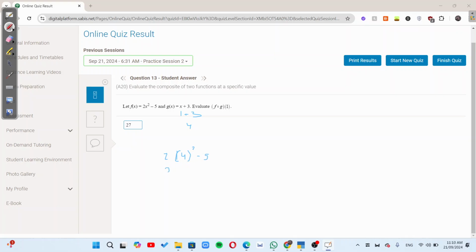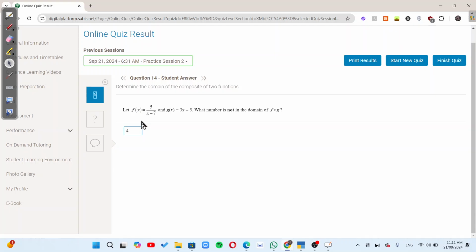So 2 times 16, which is 32, minus 5 equals 27. So that's how you get this answer. And now next question.